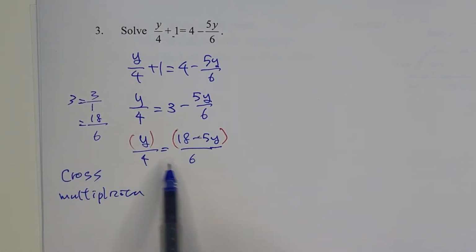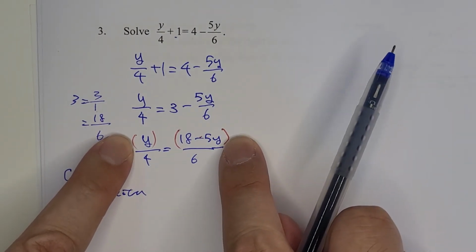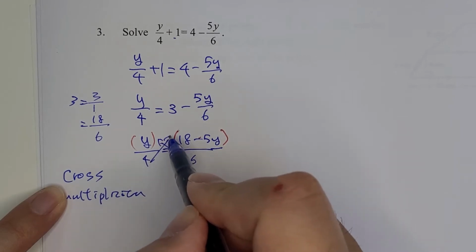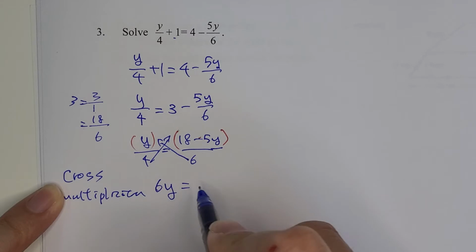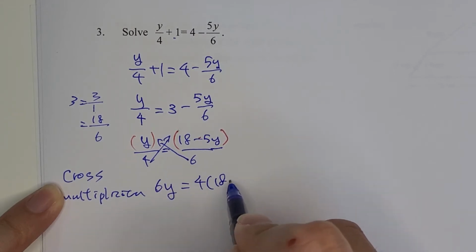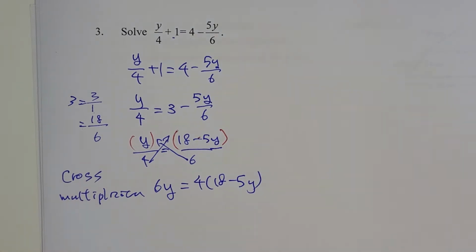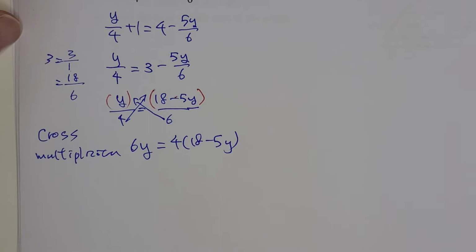Of course, in the numerator, if there is more than one term, fix the numerator, don't move. The denominator goes cross to the opposite direction. So 6 times y will equal 4 times (18 minus 5y). So that's a very good method to remove the fraction in the equation.